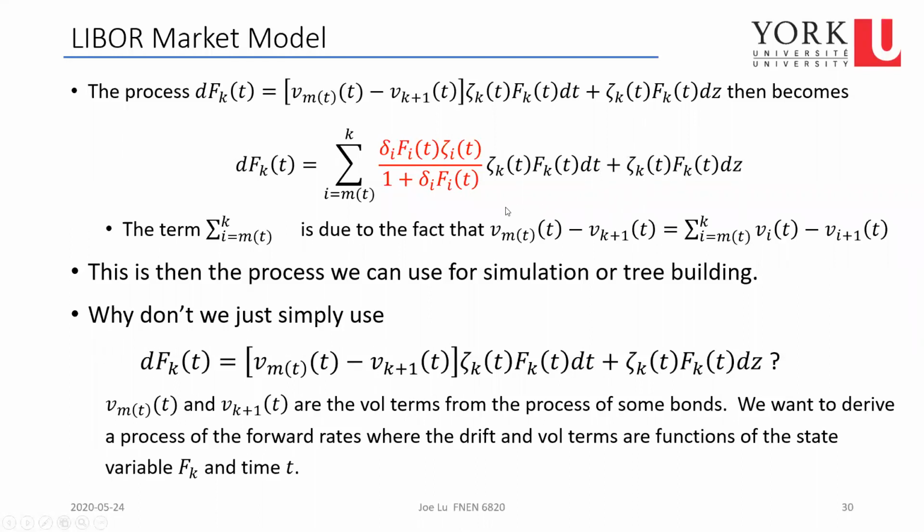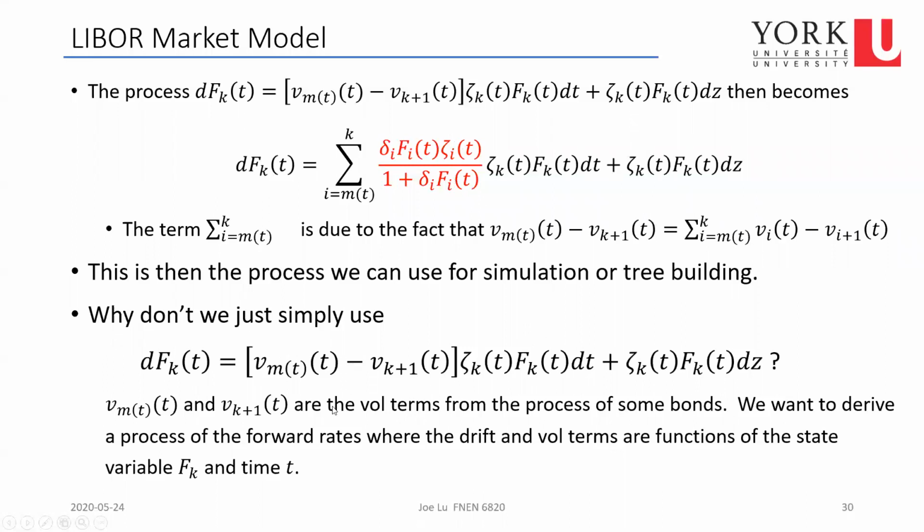As long as you know the volatility parameters that we specify here, and you know the initial value of F, then you are able to evolve it. Notice that there is a connection between the drift and the volatility as well: the volatility parameter shows up here in the drift.